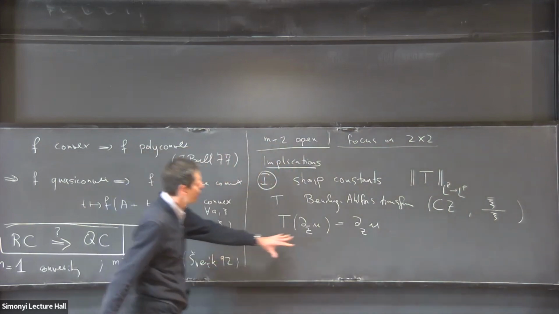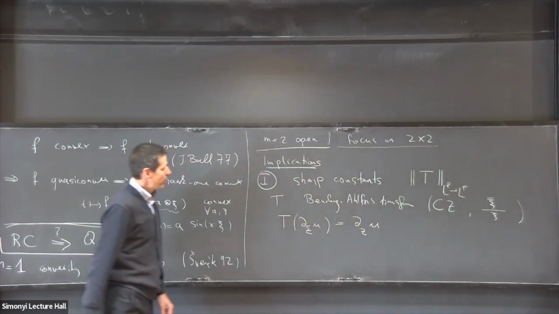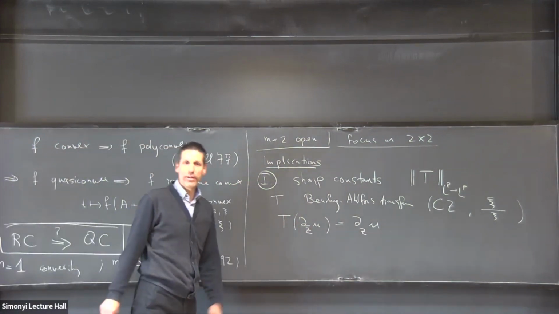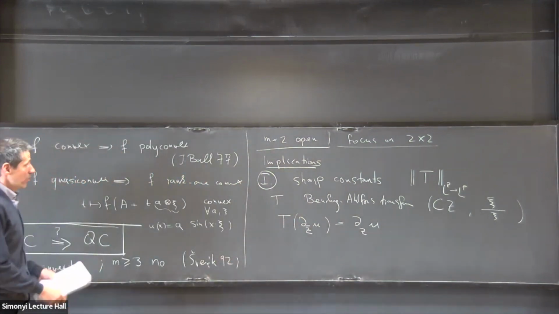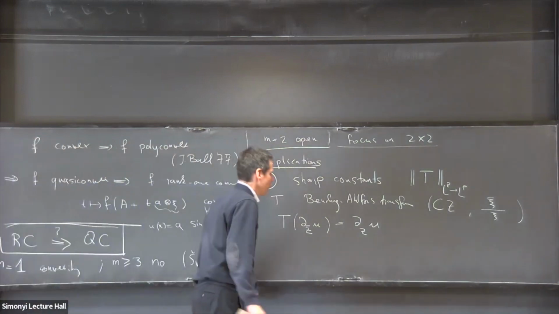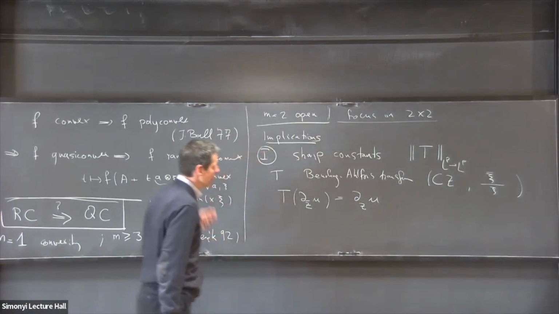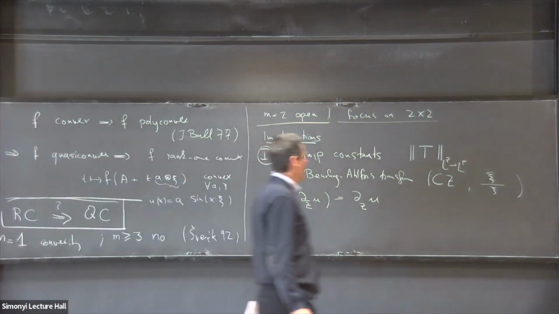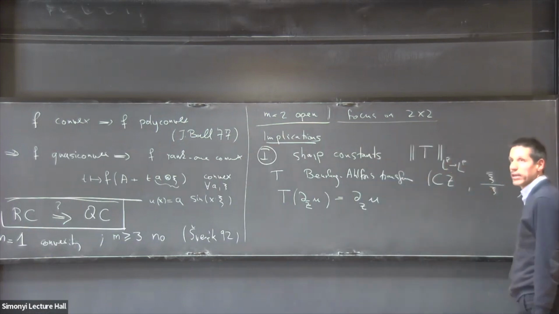Because of this property, it's the most important singular integral operator in planar analysis. It's important for quasi-conformal maps. It's important for equations. Values of P? P between 1 and infinity. What P? Well, it's not known for any P.